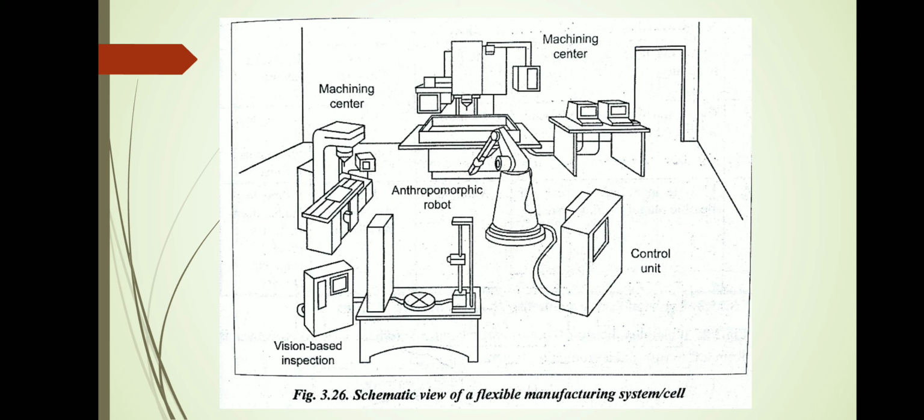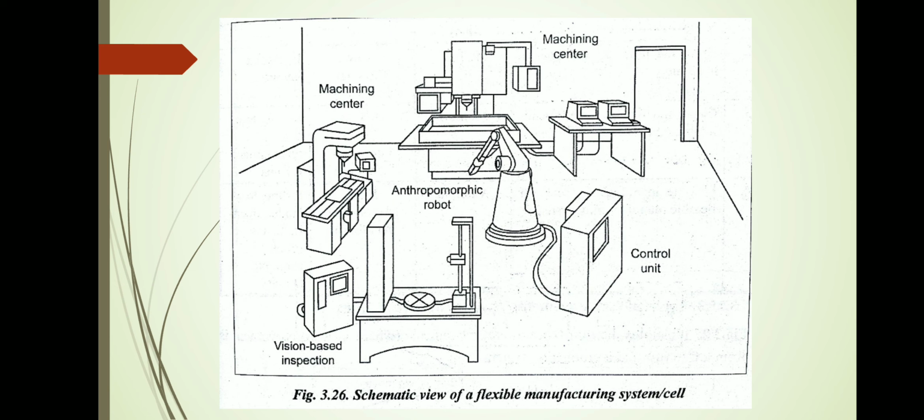Then everything will be connected with the control unit and centralized computer. So based on the command signals coming from the centralized computer, the machines, material handling system, conveyor, everything will be operated. This system is called a flexible manufacturing system.